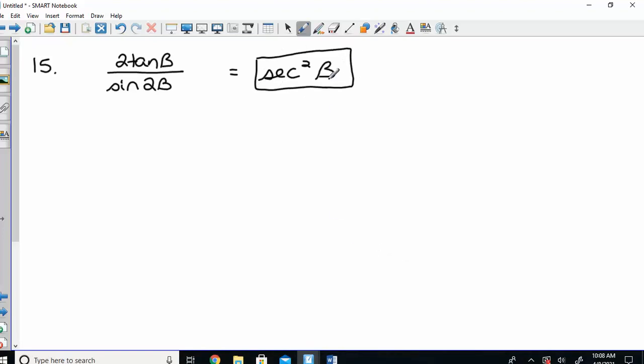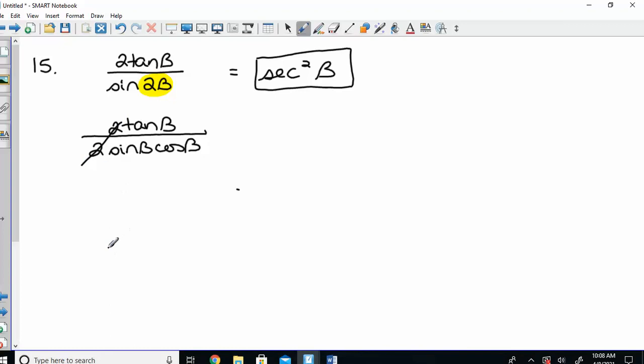We want secant of b. When I'm looking at this, I notice right away that I have a sine of 2b. So what should I do with that? Okay, so that's 2 tangent b. So sine 2b, that's a double angle. The formula is 2 sine b cosine b.